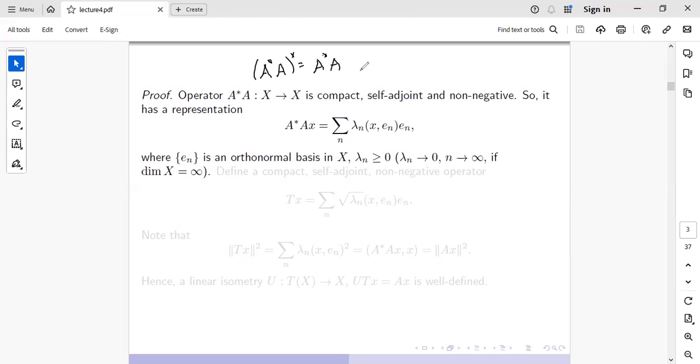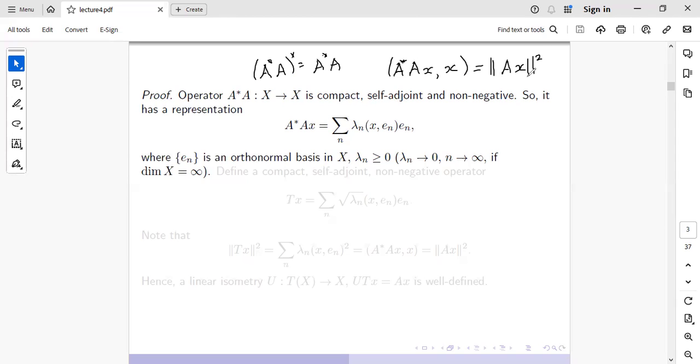And this product is non-negative because if we consider the inner product of A star Ax and x, this is equal to the norm of Ax squared.